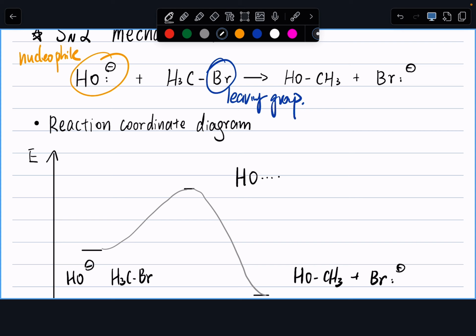We have a partially forming oxygen-carbon bond and a partially breaking carbon-bromine bond. And thinking about it, my total transition state has a -1 charge. That -1 charge will be dispersed on both my nucleophile and my leaving group.